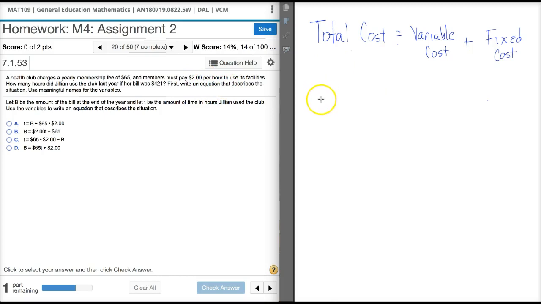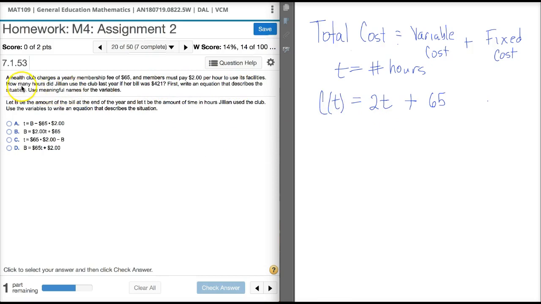So if we want to do total cost, and I'll just call this C of T, then we know that the fixed cost would just be 65, and the variable cost will be 2 times the number of hours, where T is just going to be the number of hours we use the facility.